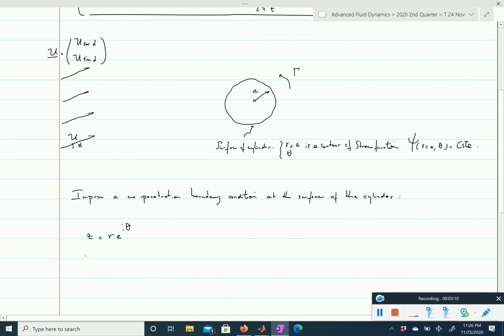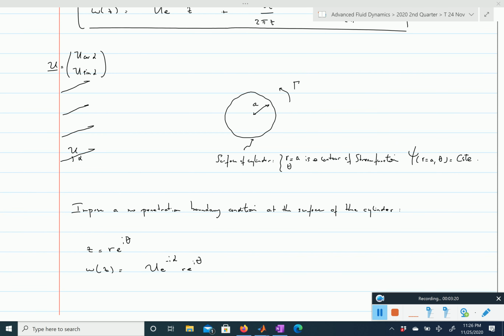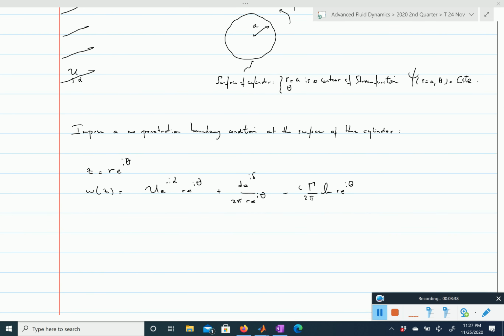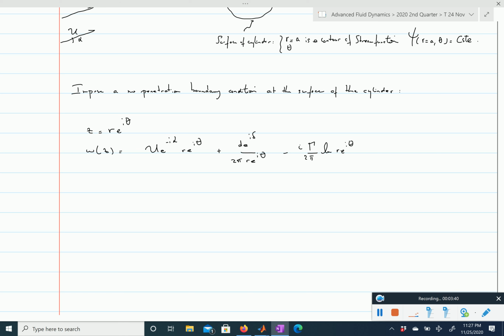And so we have that our complex potential is equal to U exponential minus i alpha times r exponential i theta, plus D exponential i delta divided by 2 pi r exponential i theta, minus i gamma divided by 2 pi times log of r exponential i theta. And now we simply take the imaginary part of this complex potential.